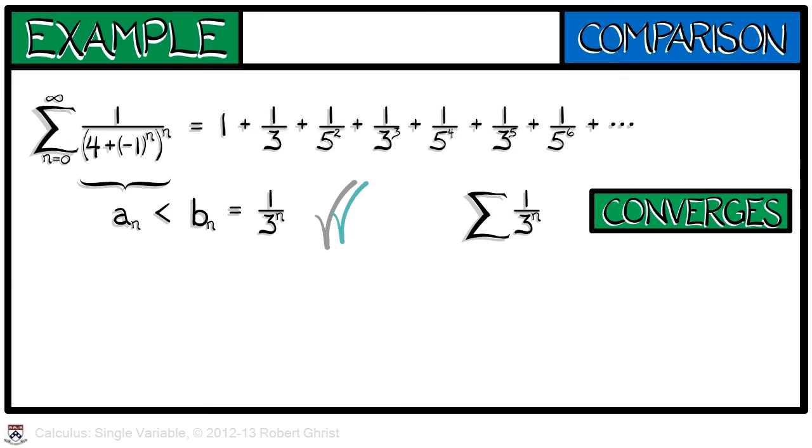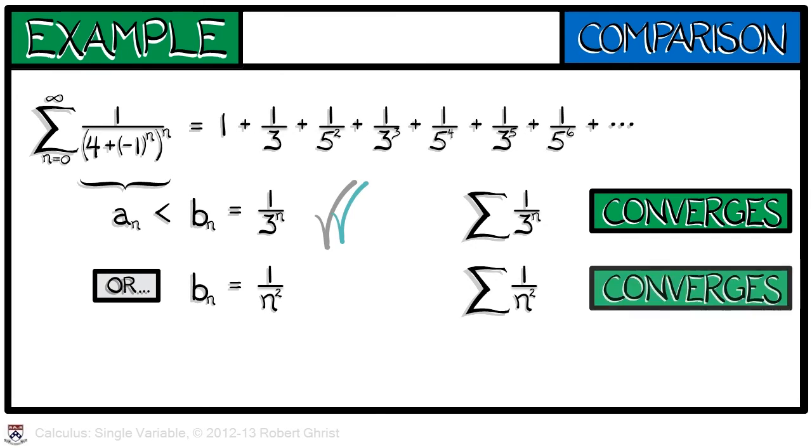Now, one of the problems is no one told us which is A, which is B, and what we should use. We could have bounded the a sub n's by a p-series, where p, in this case, is equal to 2. That p-series converges, and so the comparison test would tell us that the original series converged as well.